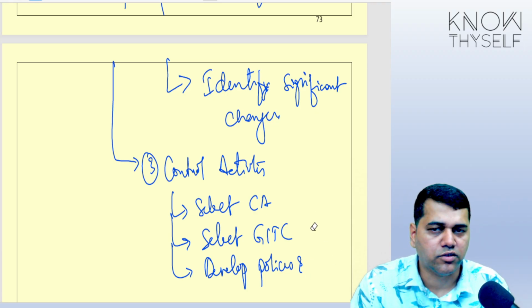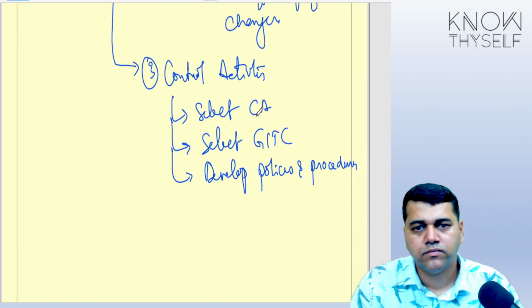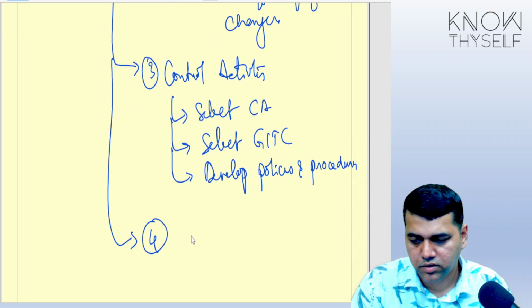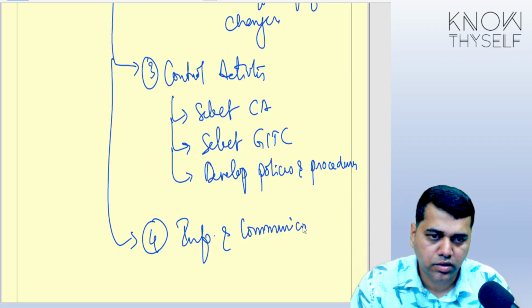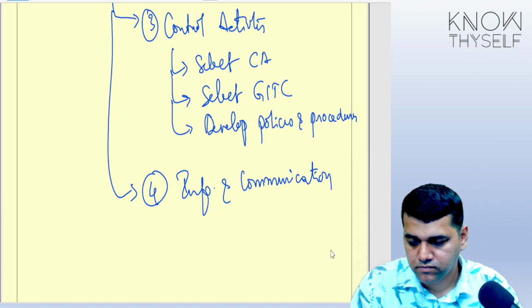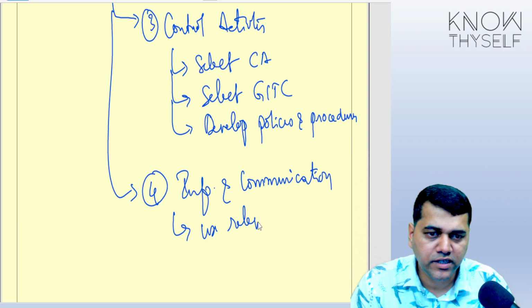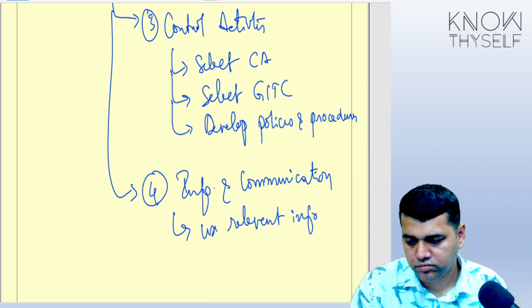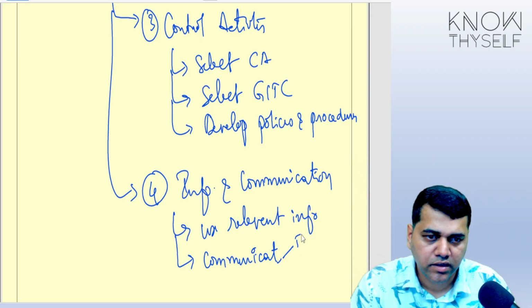Policies and procedures means internal controls. Fourth, information and communication. Use relevant info. Communicate internally, externally.